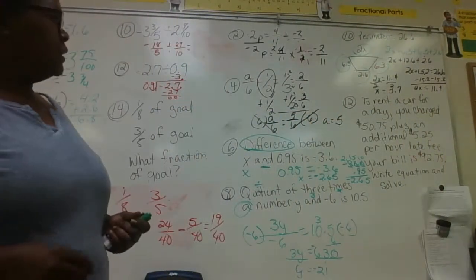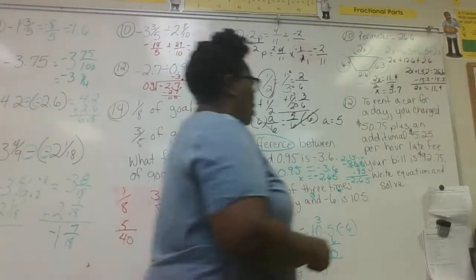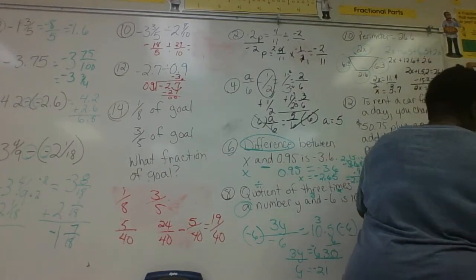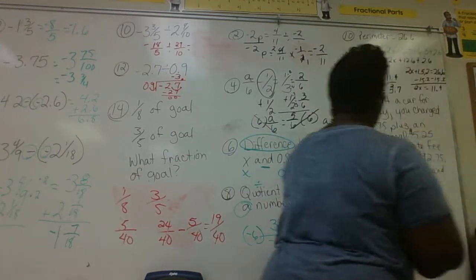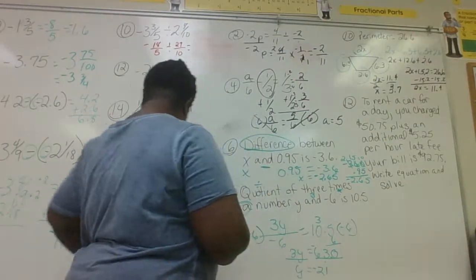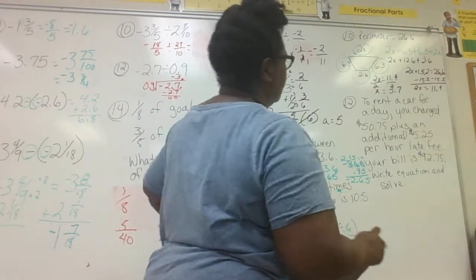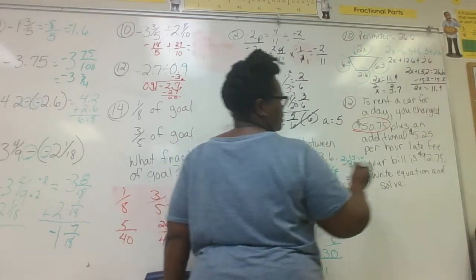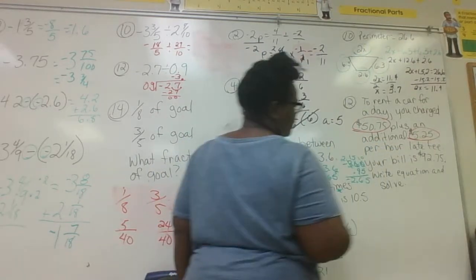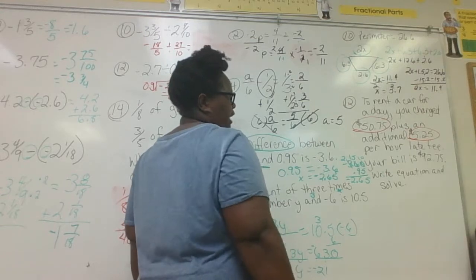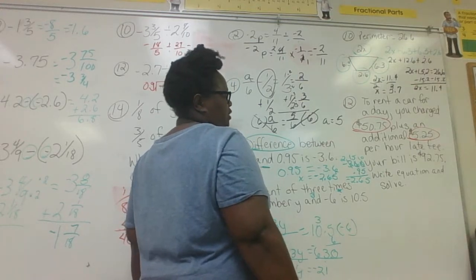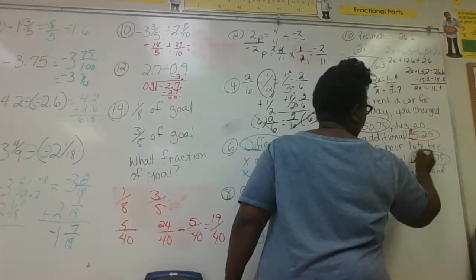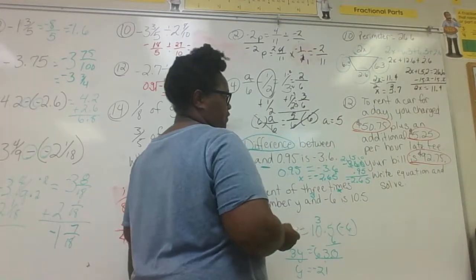All right. Now let's move down to the rental car. For the rental car, they said that we rented the car at $50.75 with an additional $5.25 per hour late fee. They need us to write an equation, and the total amount was $92.75.